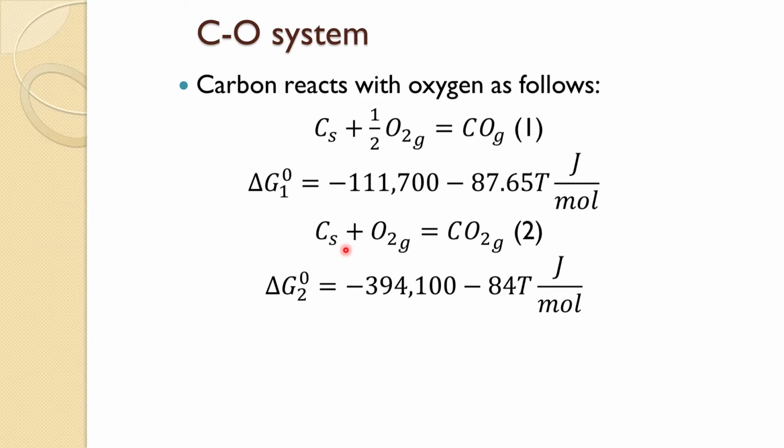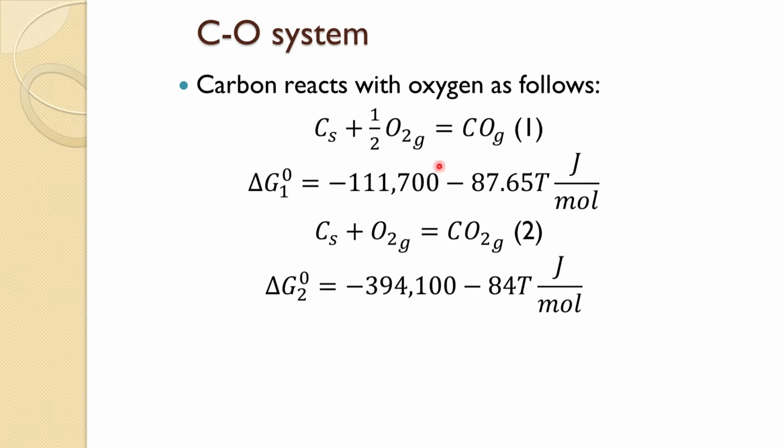Another reaction forms CO2 when oxygen combines with carbon, represented by reaction number 2, and the free energy expression is given by this, again T is in degrees Kelvin, in joules per mole.